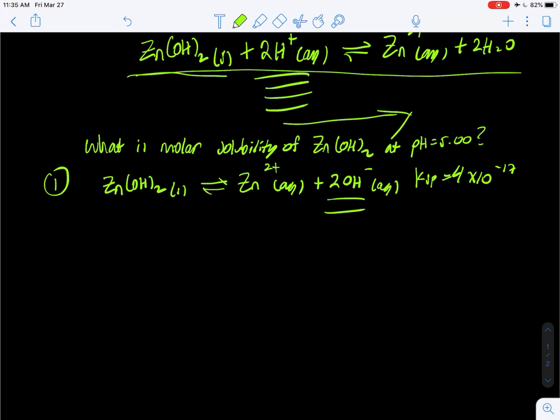So what we want to do is think about the Kw reaction. Remember that water, in its liquid state, is in equilibrium with H plus and hydroxide ion, and this Kw is equal to 1 times 10 to the minus 14.